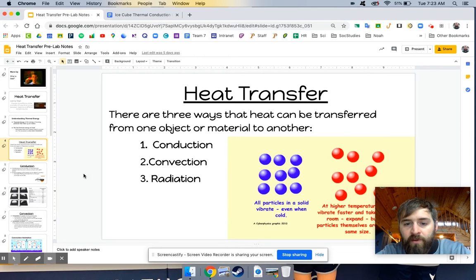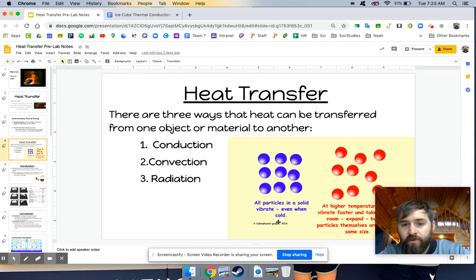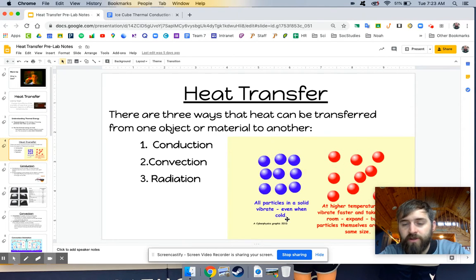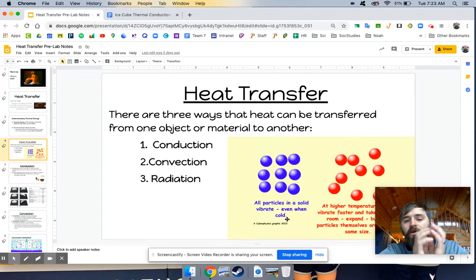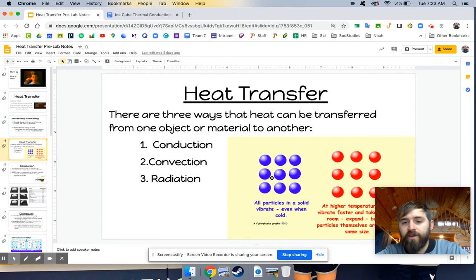Okay, and I want you to take a look over on the right after you have those written down, and look at this graphic. It says all particles in a solid vibrate, even when they are cold. So you have the particles in something, and they're vibrating. Now if they are colder, how they vibrate is going to be shorter and slower.